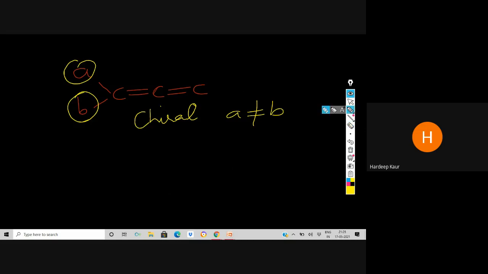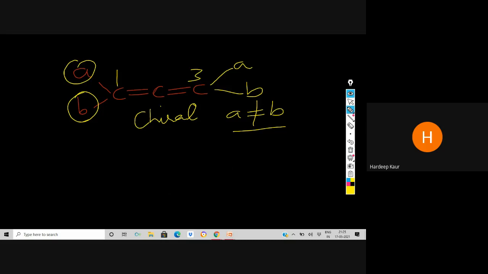Although these two groups on this terminal are same. So this may be same, the groups on carbon 3 can be the same, but on carbon 1, the two groups, A does not equal to B, then only these are chiral.